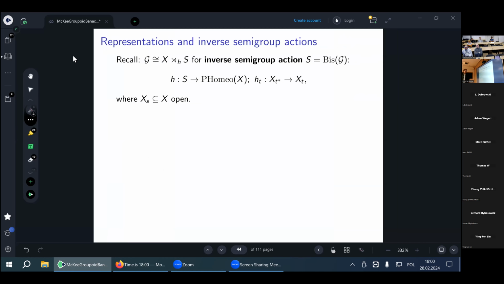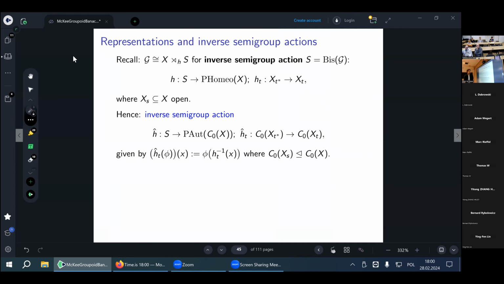So just to remind you, my groupoid can be written as the action of an inverse semigroup S, which is the bisections of G, acting by partial homeomorphisms. So here S acts by partial homeomorphisms on X. And if we dualize this, we get partial automorphisms on C_0 of X. This is one of these other kinds of inverse semigroup actions, by partial isomorphisms, that I mentioned.